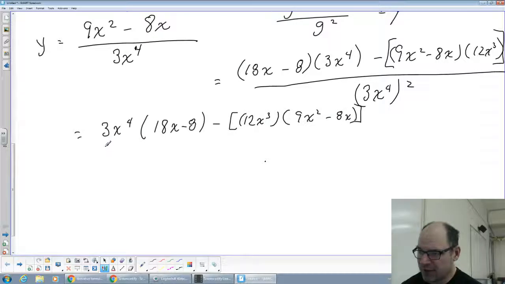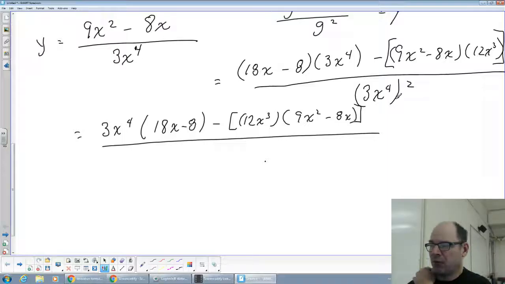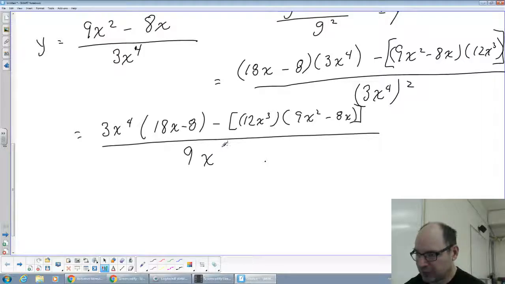Okay, and then when we do the squaring of this, it is 9x to the 8th. So we can see that we can reduce a little bit from the bottom and the top.